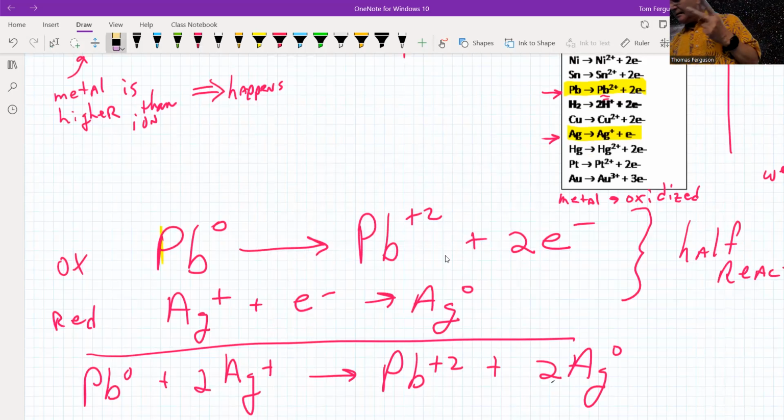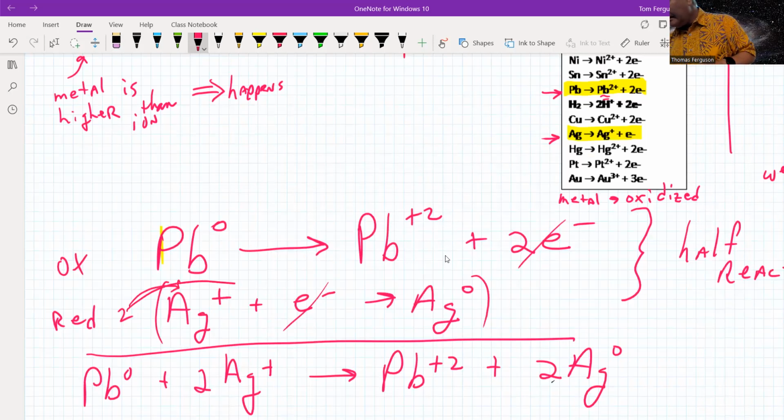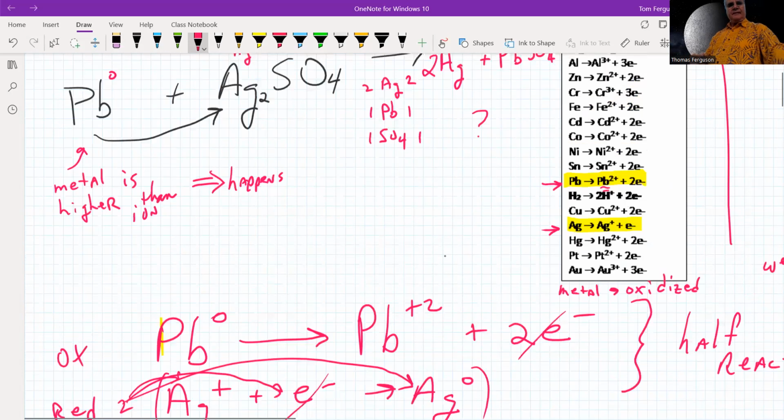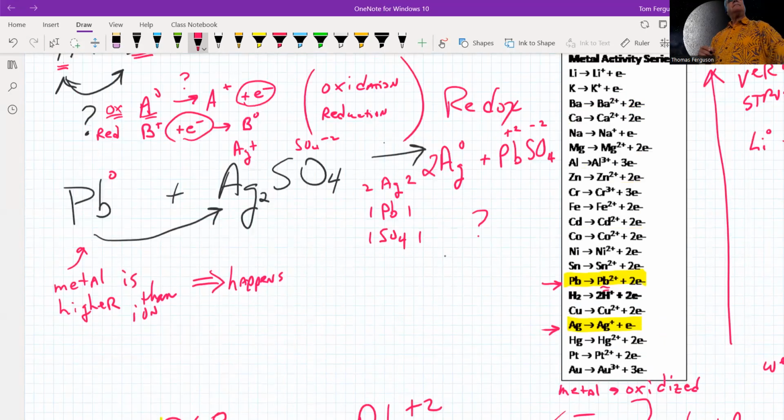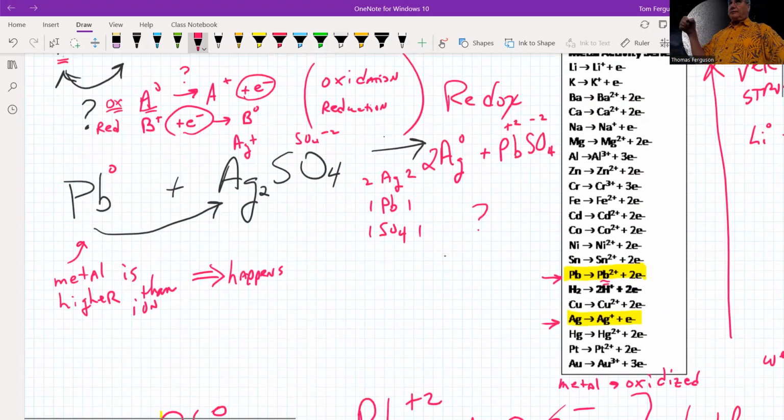So we have to multiply this whole thing by 2 so that we get 2 electrons. And then the 2 electrons will cancel. So there's the 2, 2, 2. And that's what we did up here when we balanced it without knowing what we were doing.